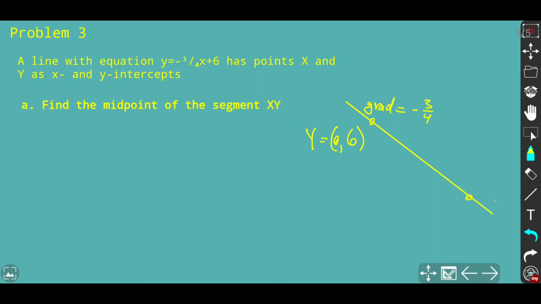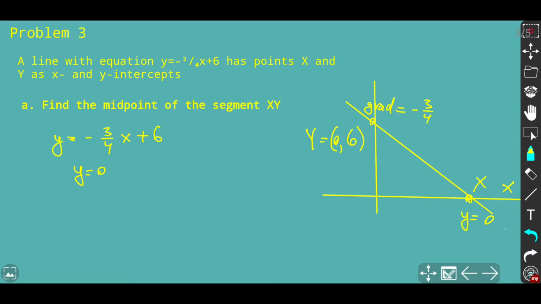So what about the x-coordinate? The x point is pretty simple because in this case, using the equation of the line, y = -3/4 x + 6, we need to say that y is going to be 0, right? Because this happens when you have a crossing of the x-axis. So y definitely is 0, okay?